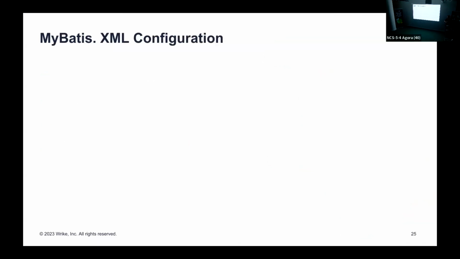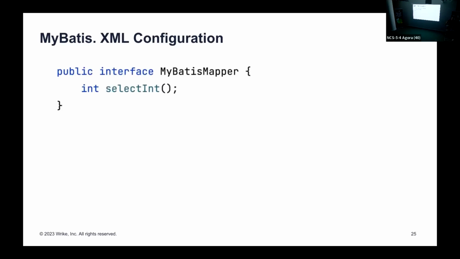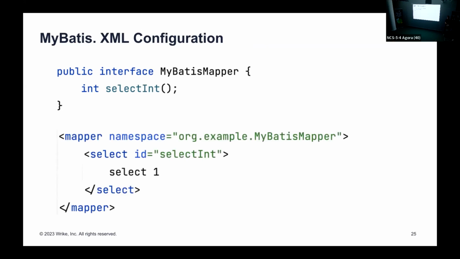And one way to configure MyBatis is through XML configuration. For this, you have to create an interface, a so-called mapper interface, with methods in it. Each method will correspond to an SQL query. And also we have to create an XML file with the actual SQL query in it.